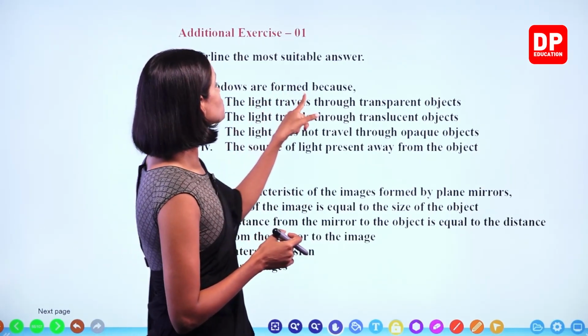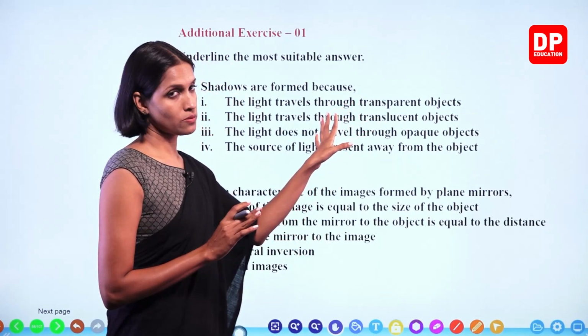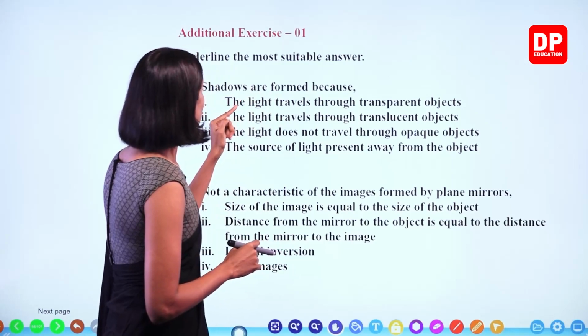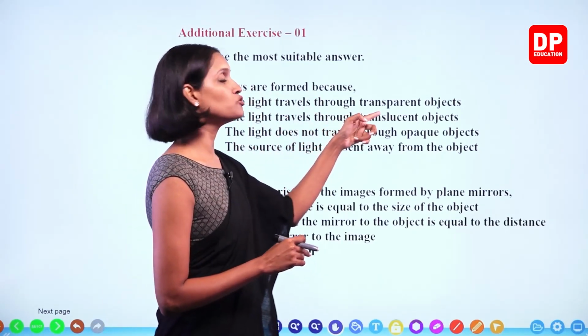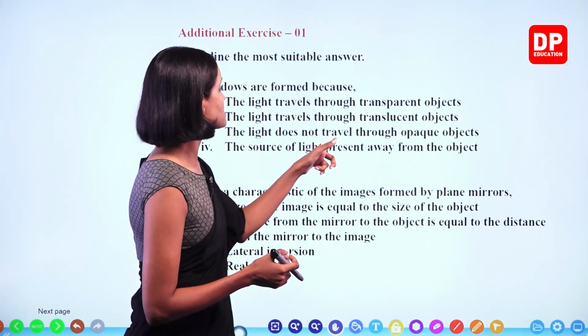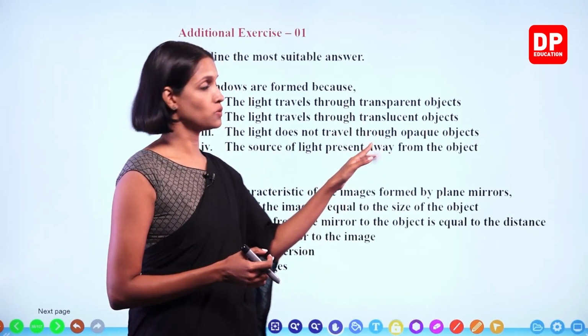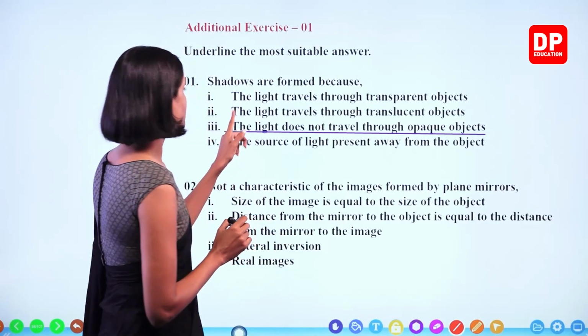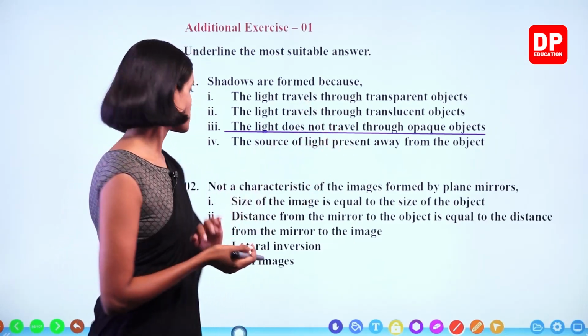The light travels through transparent objects. No, not because of that. The light travels through translucent objects. The light does not travel through opaque objects. Yes, that's the answer. The source of light present away from the object. No. Answer number 3. Right. The light does not travel through opaque objects, right?